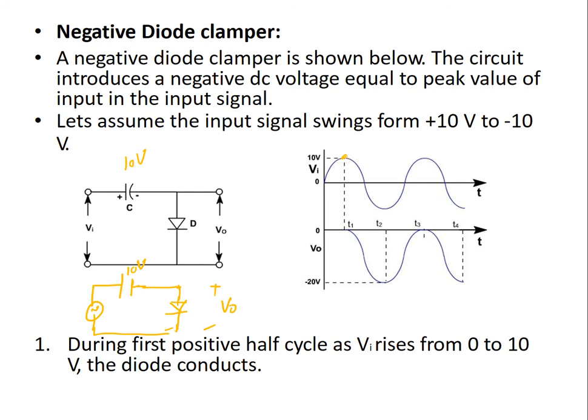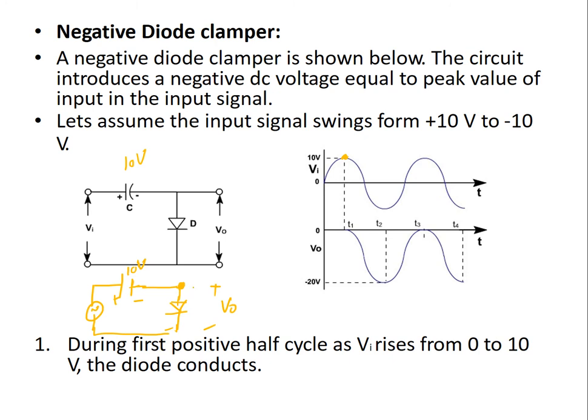So we have reached this point T1. At T1 this capacitor has been charged to 10 volts. So at the diode side, this is the positive terminal, this is the negative terminal, and here we are having the 10 volt.